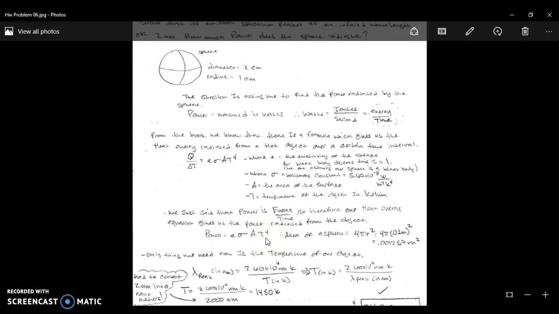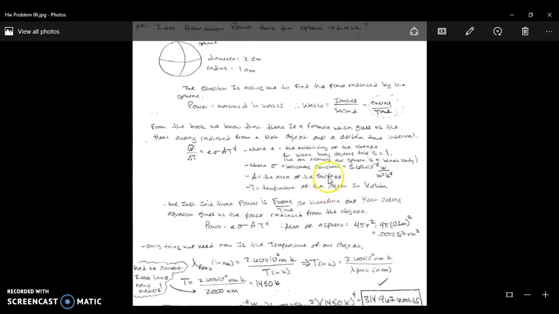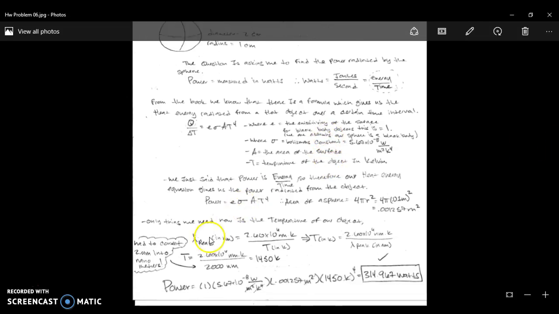Okay, so the only thing left that we need to find in order to calculate the power is the temperature, which isn't given in the problem, but it does give us the peak of the black body spectrum. From some background knowledge, we can use that peak, which is given to us as a wavelength, to figure out the temperature in Kelvin. The book gave us this equation saying the peak in nanometers is equal to 2.60 times 10 to the 6 nanometer Kelvin divided by the temperature in Kelvin.